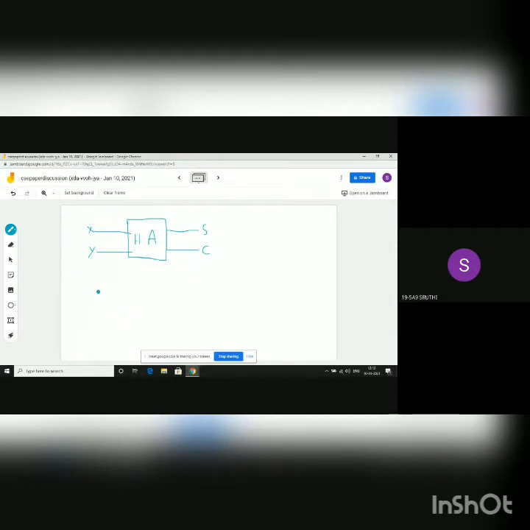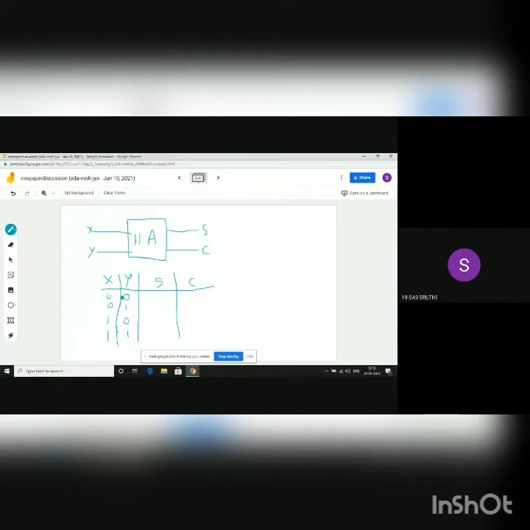Now we can design a truth table for this. These two represent the inputs, and here sum and carry will represent the outputs. So x and y. We have inputs as 0 0, 0 1, 1 0, and 1 1. For these inputs, sum is nothing but addition.